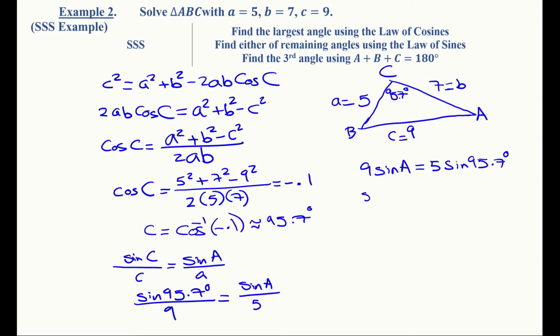So we get sine A is equal to 5 sine 95.7 degrees over 9. So A will be the inverse sine of ditto. So we'll go ahead and type that into a calculator now.